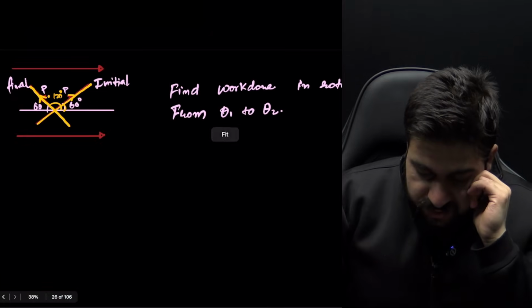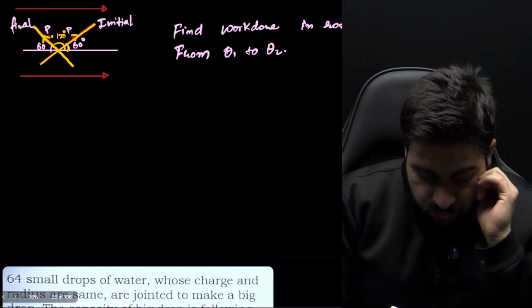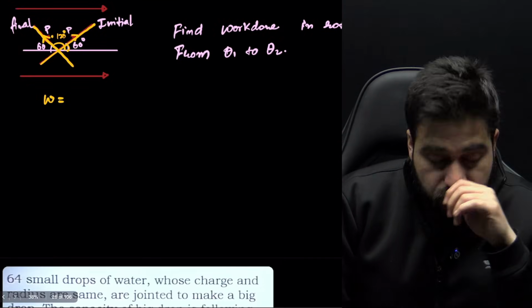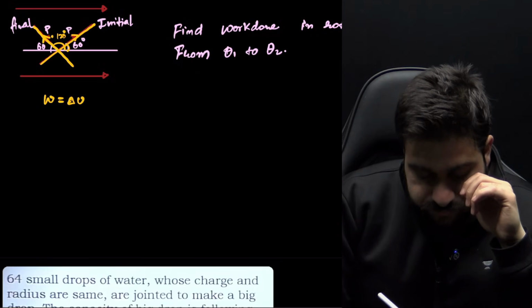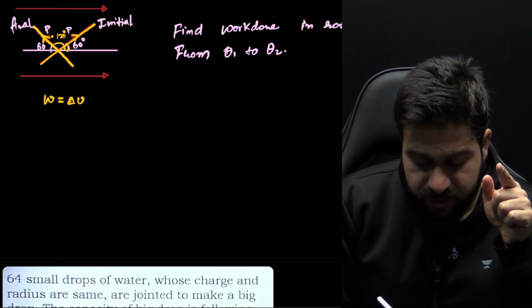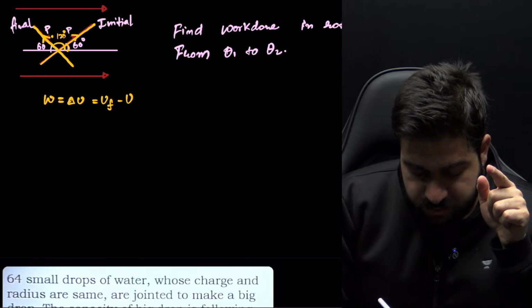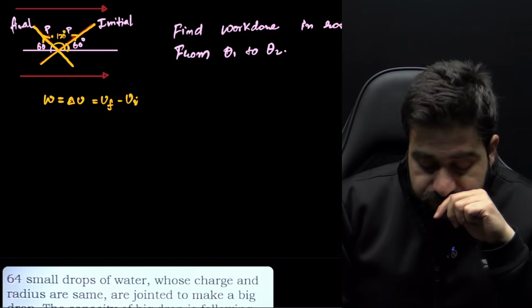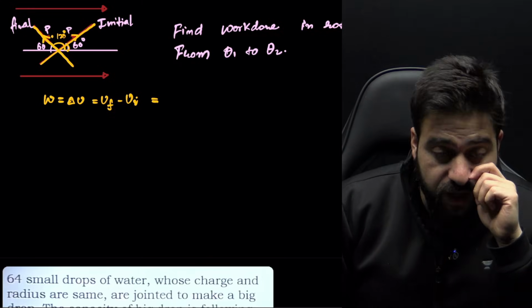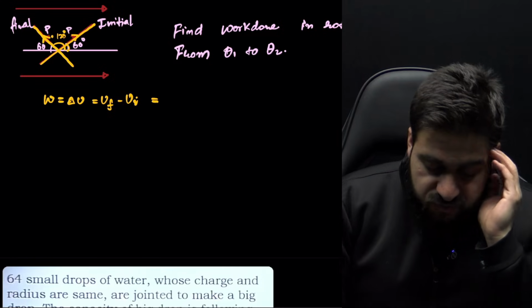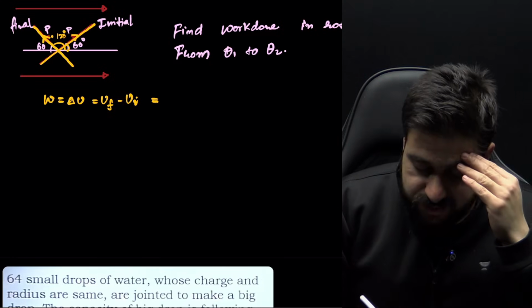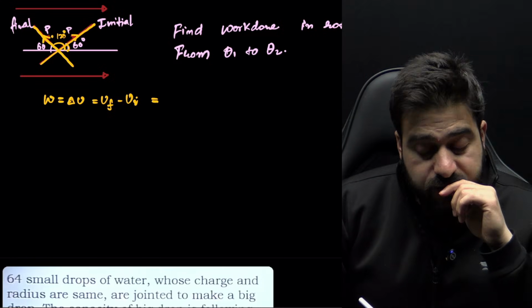So in this case, work done is delta U, the change in potential energy. That will be final potential energy minus initial potential energy. Finally it is at an angle of 120 degrees. What is the potential energy of a dipole?